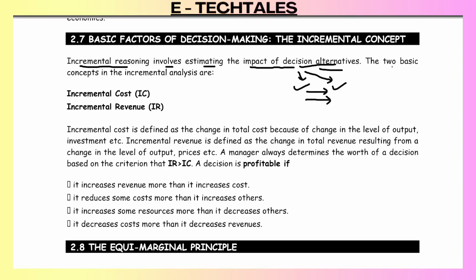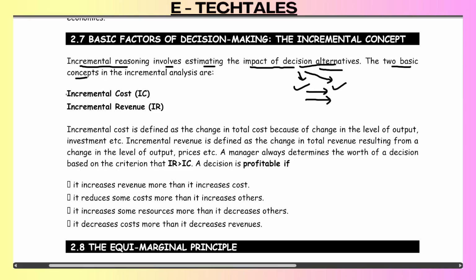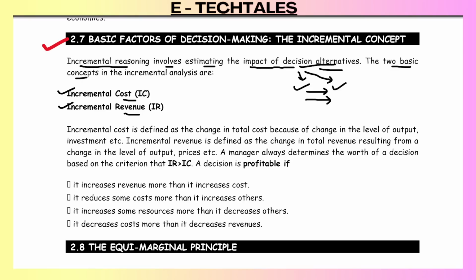So here we can talk on two basic concepts, which are incremental cost and incremental revenue. What is incremental cost and incremental revenue? This topic is very important for your exam. Okay, mark it important and study accordingly.